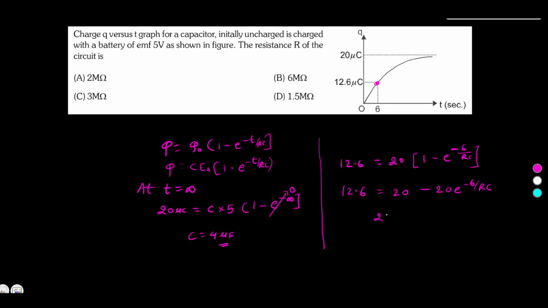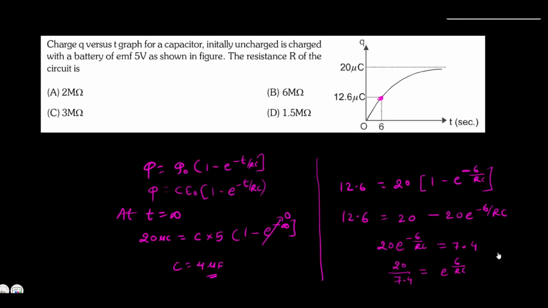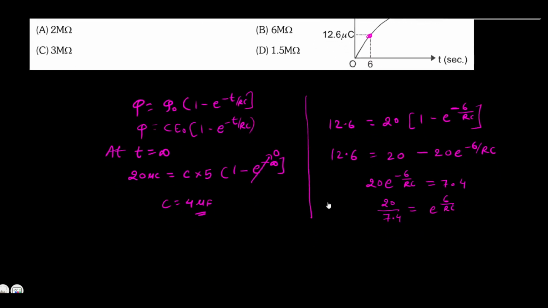So 20 e raised to the power minus 6 by RC equals to 7.4 here, and so I will write 20 by 7.4 equals to e raised to the power 6 by RC. Now from here simplifying it is quite complicated, but yes, it is there, so we have to solve it.